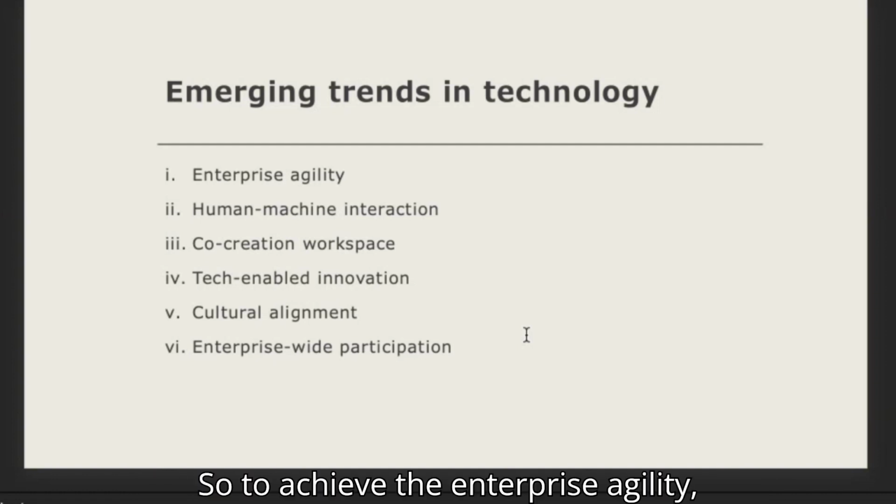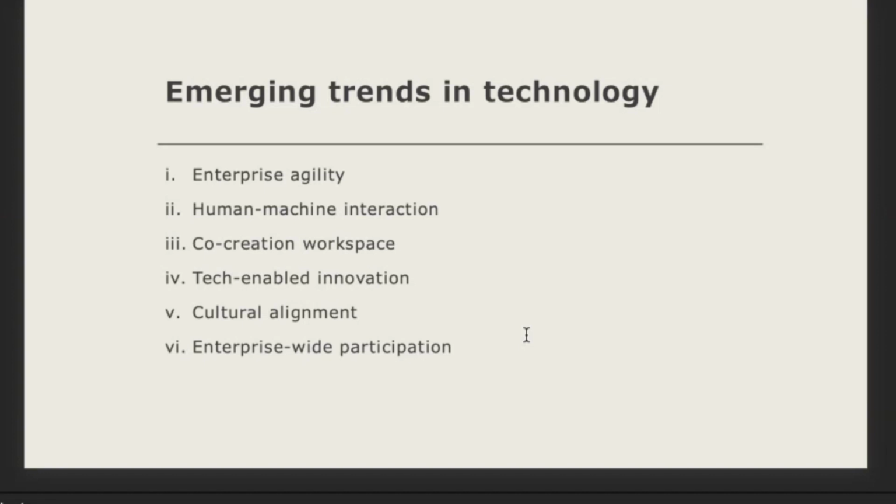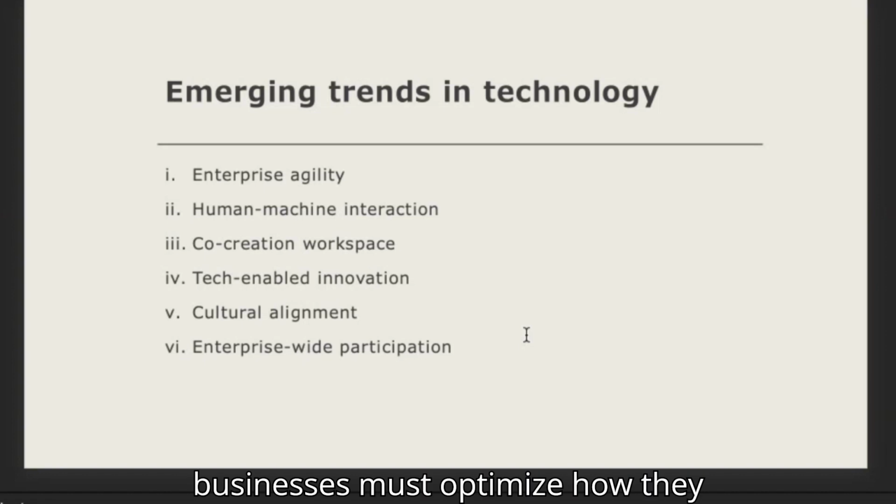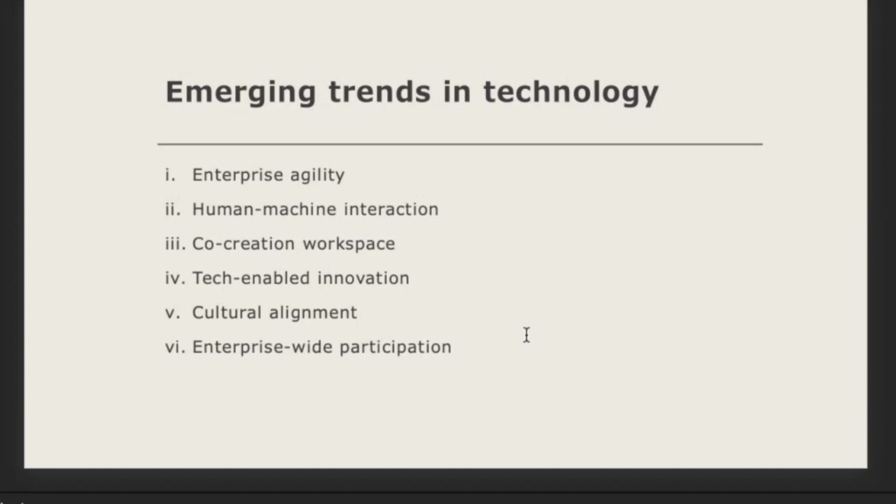So to achieve enterprise agility, businesses must optimize how they organize and structure the technology at work and how they operate. At the intersection of these two dimensions is enterprise agility, where businesses operate in a more agile manner.